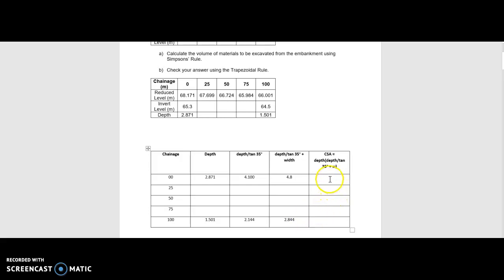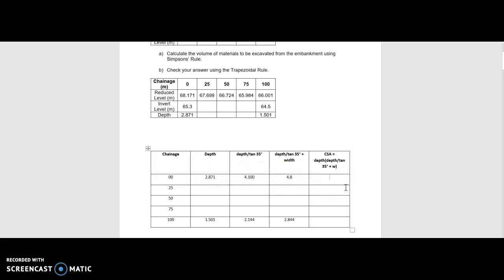Moving on to the final part of the calculation. Basically it's going to be this figure here multiplied by the original depth. So it's going to be 4.8, which is all the working out that we've done in brackets there, multiplied by 2.871.